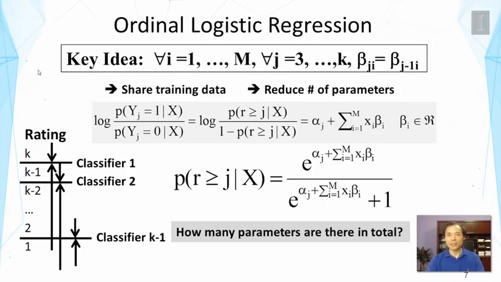Again, that's an interesting question to think about. If you think about it for a moment, you will see now we have far fewer parameters. Specifically, we have m plus k minus 1, because we have m beta values and k minus 1 alpha values. So that's just basically the main idea of ordinal logistic regression.